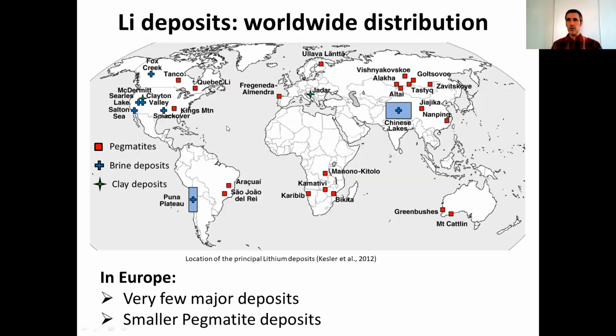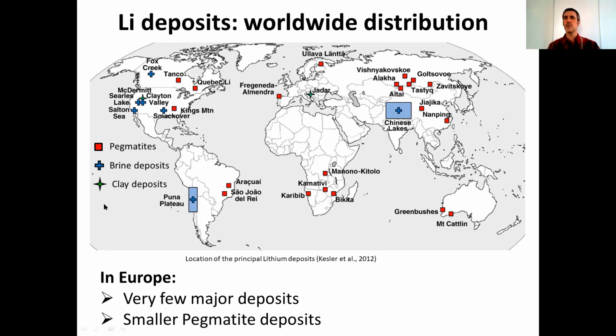Now we can look at the worldwide distribution of lithium deposits. You can see the major deposits on this map. The red squares are pegmatites, the blue crosses are brine deposits, and the green stars are clay deposits.